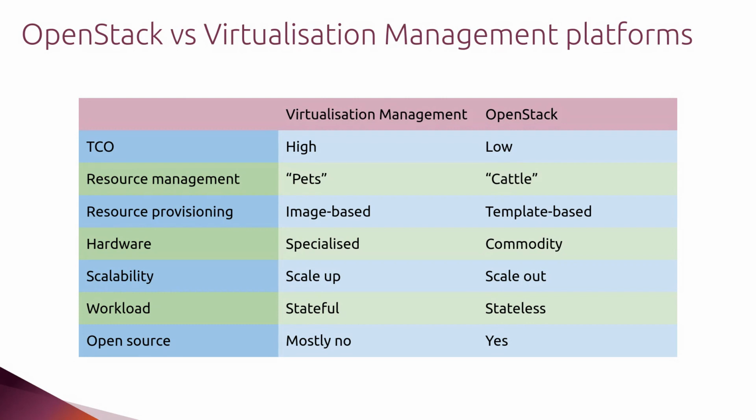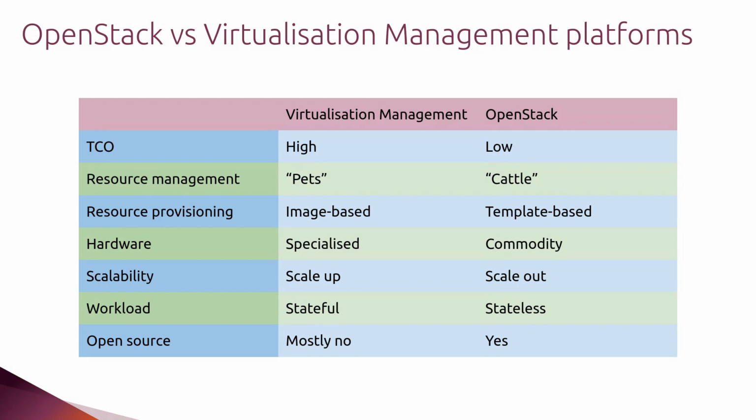So it's more like a cattle approach, the one used by the leading public clouds. On the resource provisioning front, with traditional platforms, it's image-based, while in OpenStack, it's template-based. And we're going to talk about that a little bit more later when we talk about the OpenStack architecture.